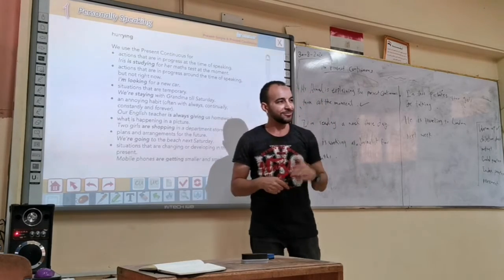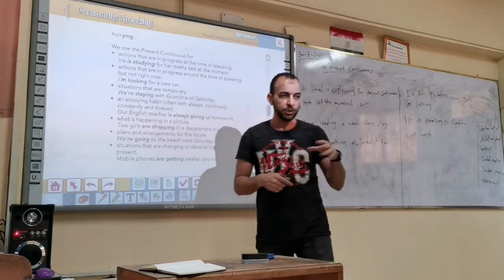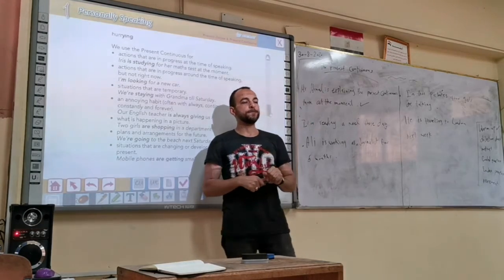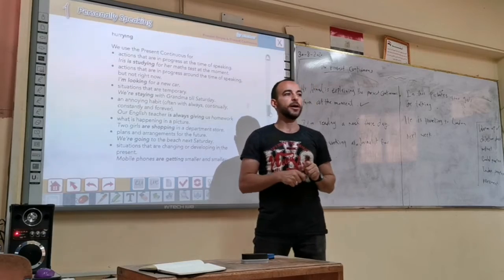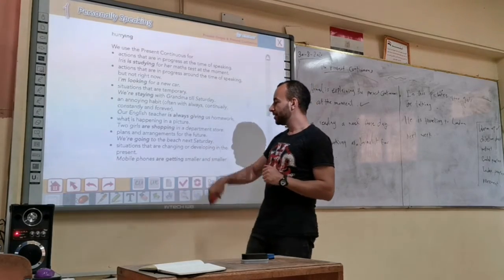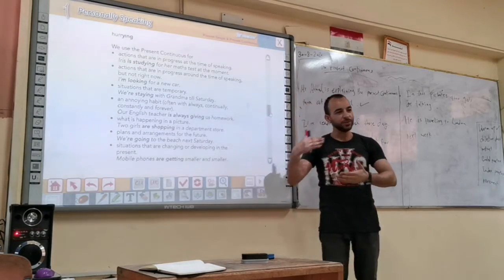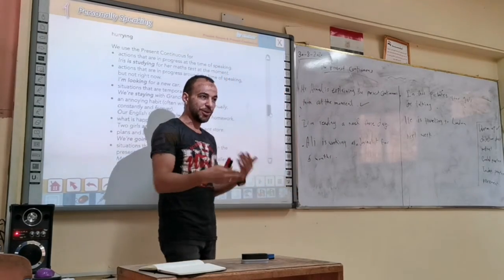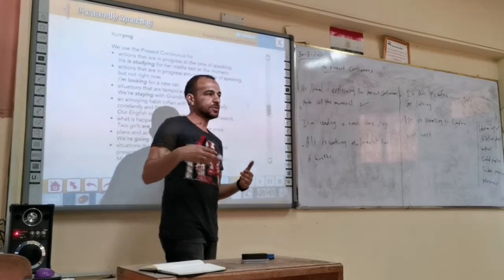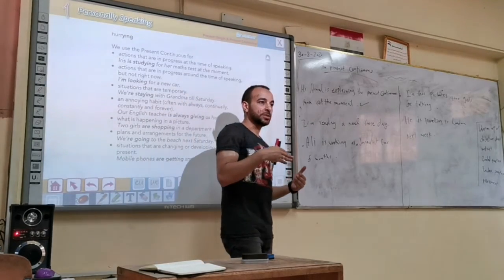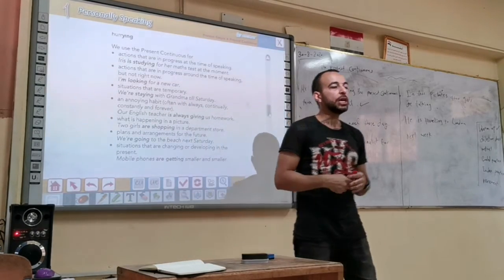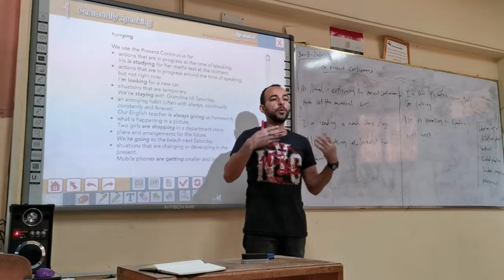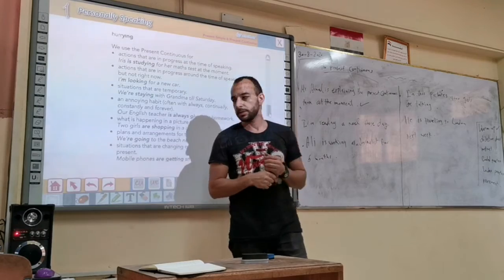In order not to confuse you, we can say that mobile phones prices are getting higher and higher. We are talking about something which is changing and developing through time. So, if you want to describe situations which are always changing, use the present continuous.